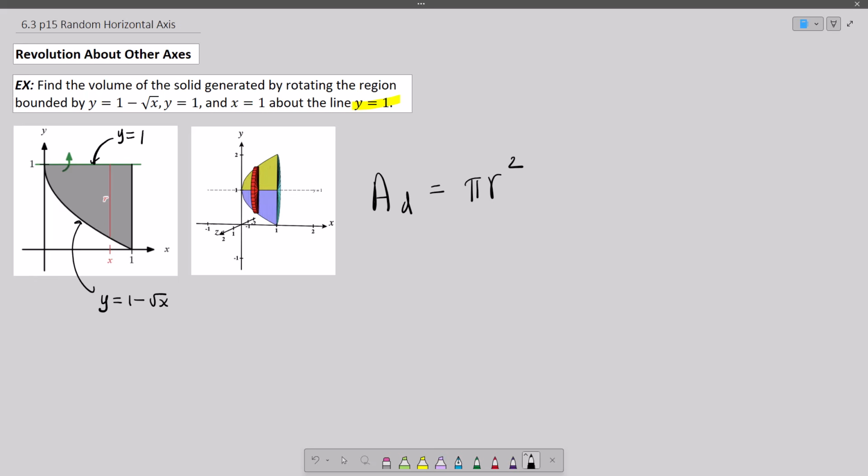So that red segment, its length is the upper y value, 1, minus the lower y value, 1 minus root x. That is r.